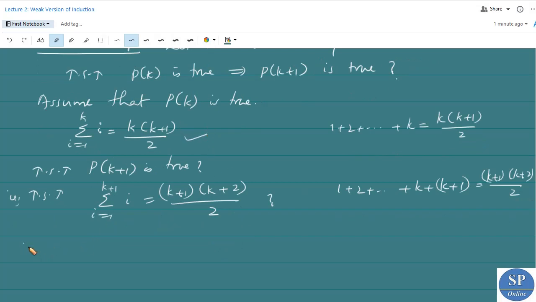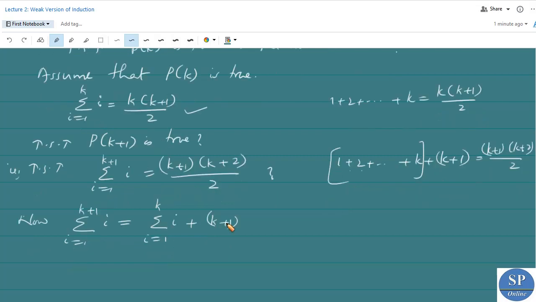So we have assumed that this is true. Now summation i from 1 to k plus 1 of i can be written as summation i from 1 to k of i, plus the term corresponding to i equal to k plus 1, that is k plus 1. Or simply, 1 plus 2 plus etc. plus k plus 1 can be written as 1 plus 2 plus etc. plus k, plus k plus 1.